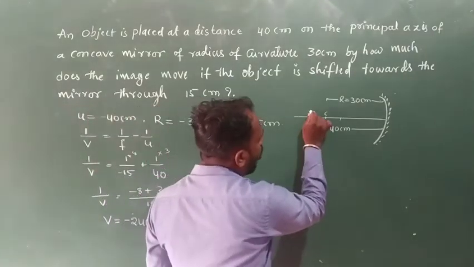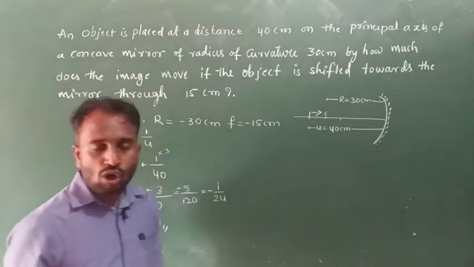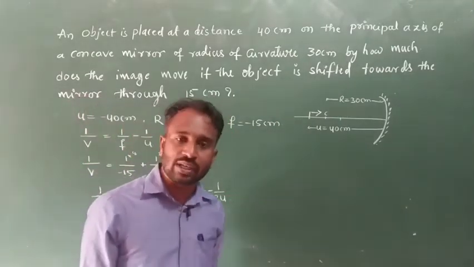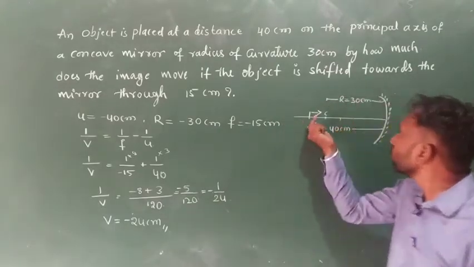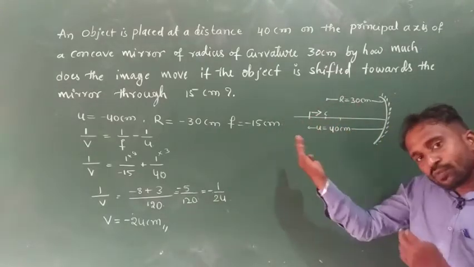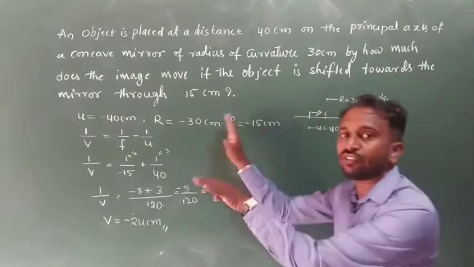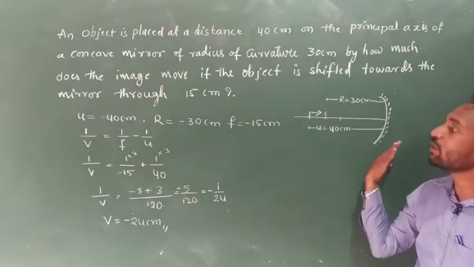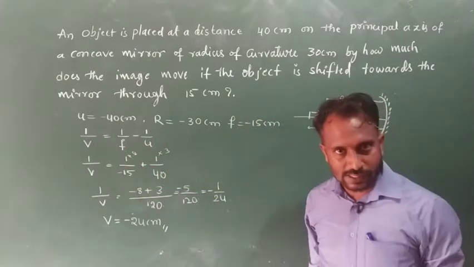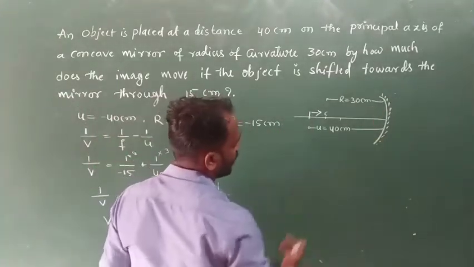The object is shifted towards the mirror, it means the object distance decreases, because it is moved towards the mirror. When the object moves towards the mirror, the image moves away from the mirror. It means as the object distance decreases, the image distance goes on increasing.